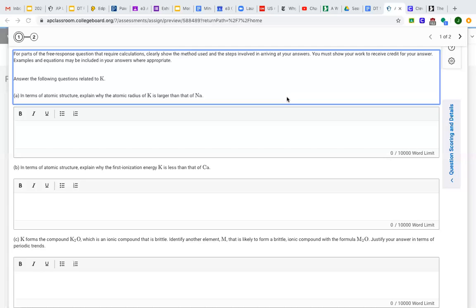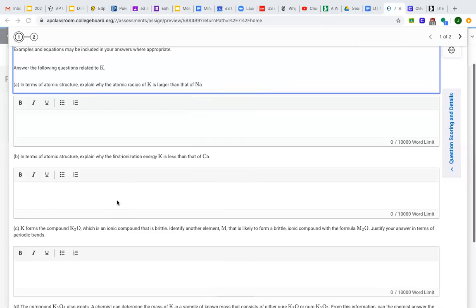And in order to get to a stable configuration, it needs to lose 2 electrons instead of just 1, which is the case for potassium. Yeah, exactly. So the effective nuclear charge experienced by the valence electrons for calcium is greater than for potassium. That's true. Perfect.